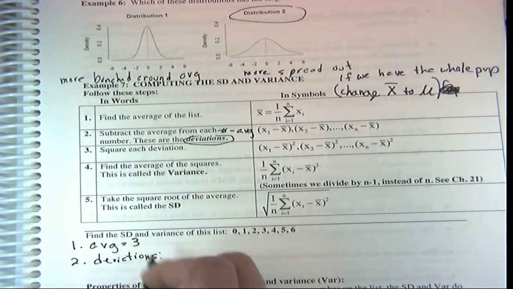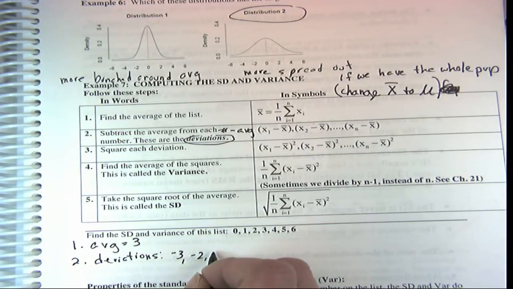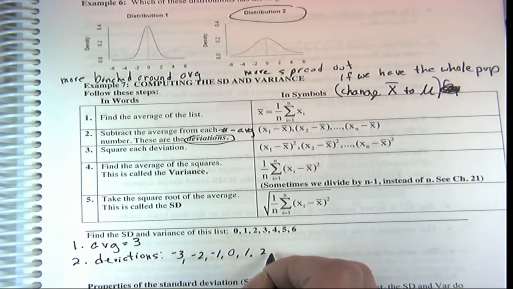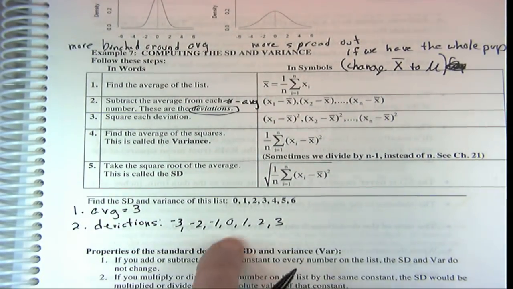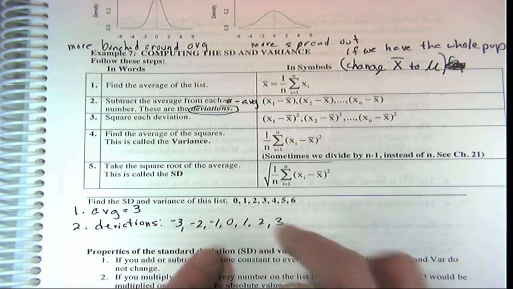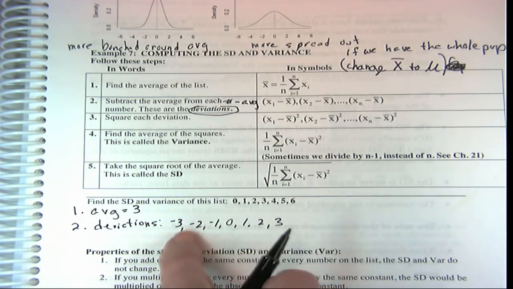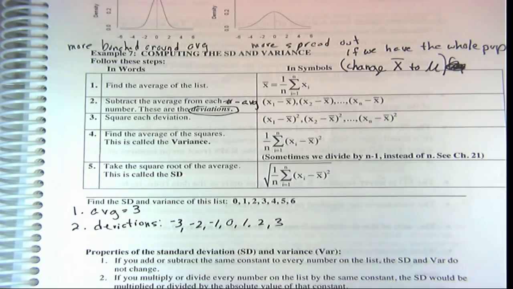So it's -3, -2, -1, 3 minus 3 is 0, and 1, 2, and 3. There's 7 of them. Remember that 4 is above the average, so it has a positive deviation of 1. 2 is below the average by 1, so it has a negative. The negative sign just means it's a below-average deviation.